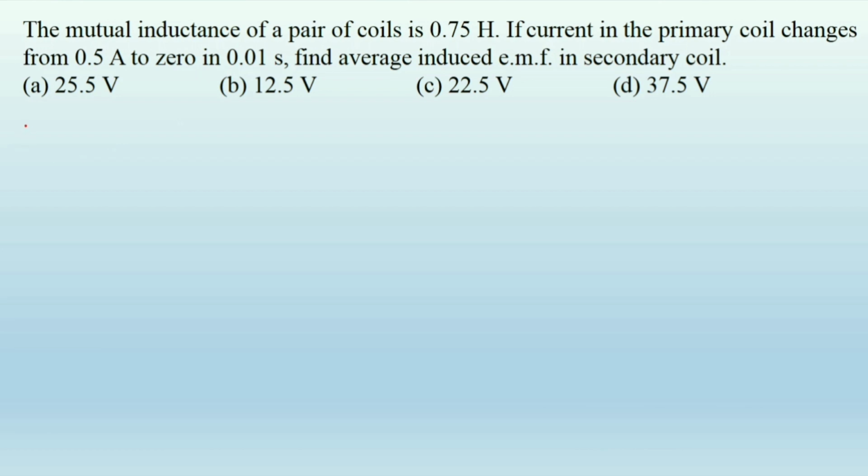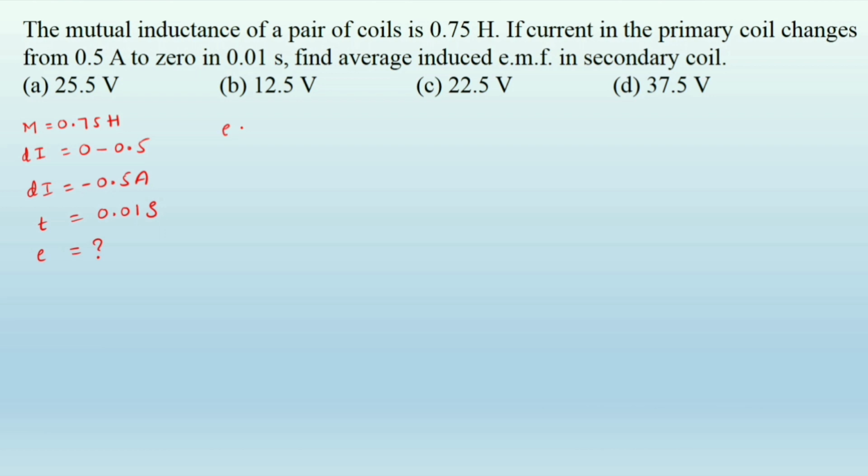Mutual inductance is 0.75 henry and current changes from 0.5 ampere to 0 ampere, that is final current minus initial current. So the change in current is minus 0.5 ampere and the time is 0.01 second.